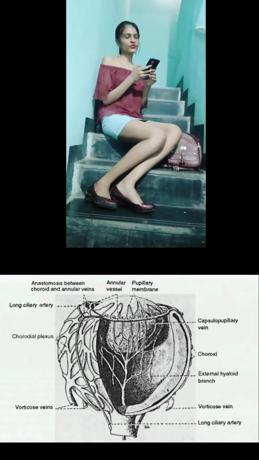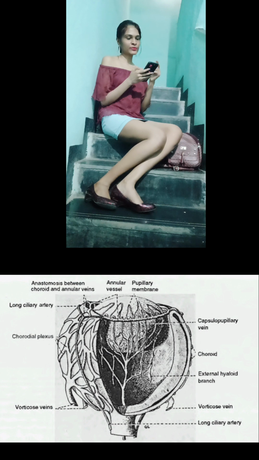Figure 17.41. Diagrammatic representation of the vasculature of the embryonic eye at approximately 6 weeks of gestation. So you can see here annular vessels which are coming from the long ciliary artery and choroidal plexus. And then you can see here anastomosis between the choroid and annular veins at the periphery of tunica vasculosa lentis.